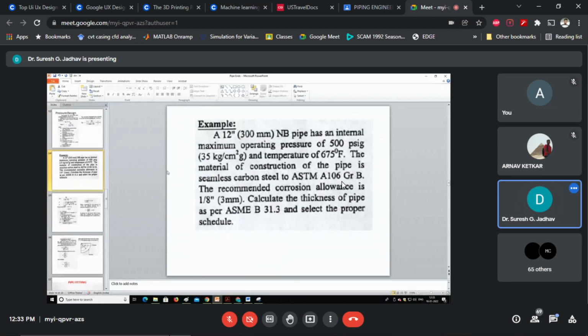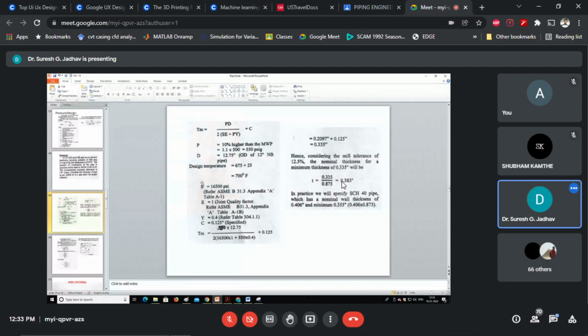Based on this nominal bore pipe size of 12 inch, the maximum operating pressure is 500 psig and the temperature is given as 675. Here we consider the design pressure higher than the maximum working pressure, 10%, though we can vary between 10 to 25%.